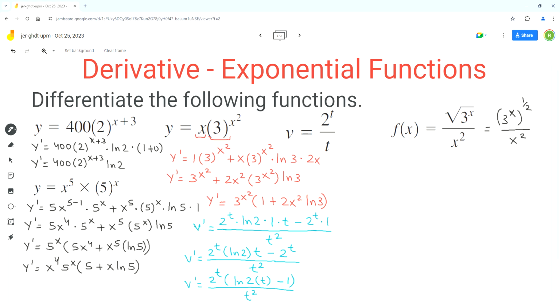Now in the numerator we have a case of power on a power. So we can use the power on a power law of exponent and multiply the exponent. So we can multiply x by half. So we get, so 3 to the power half x over x squared.